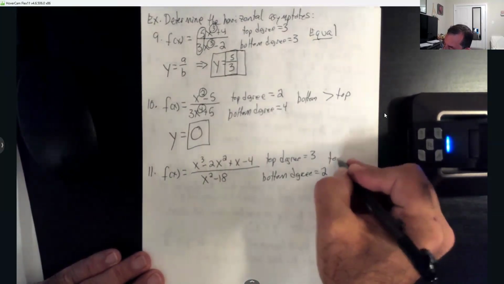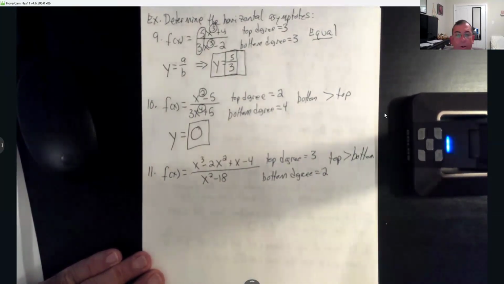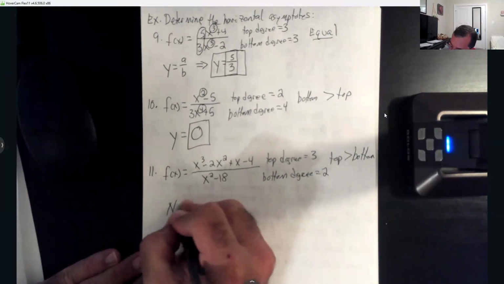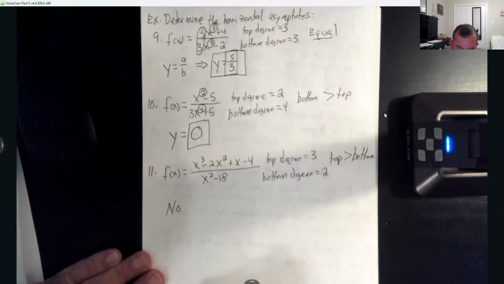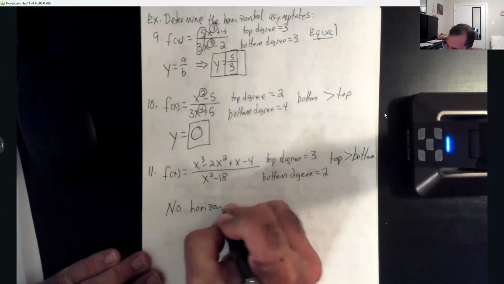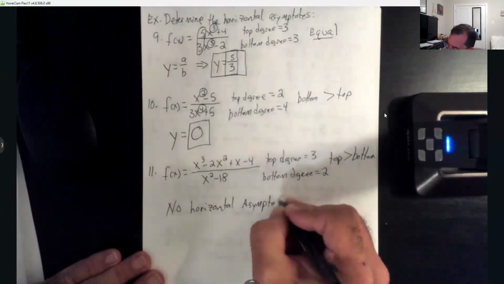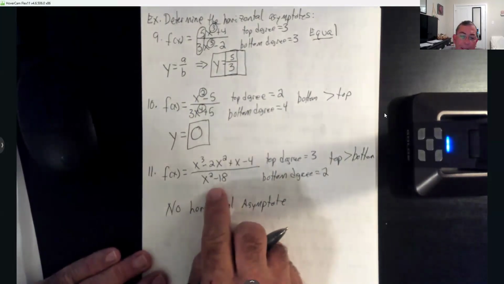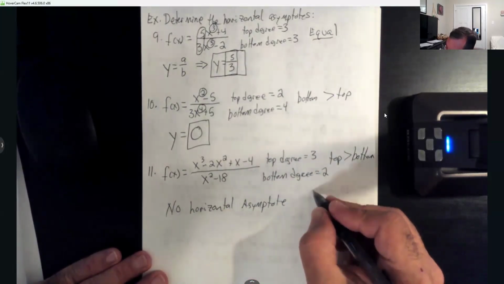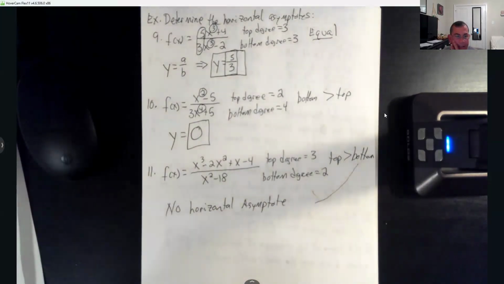So my top is greater than my bottom. So good job. So you would click, it has answer B, no horizontal asymptote. So if you used to graph something like this, you would see that instead of trying to get down to a line, those things are heading on off towards infinity, okay?